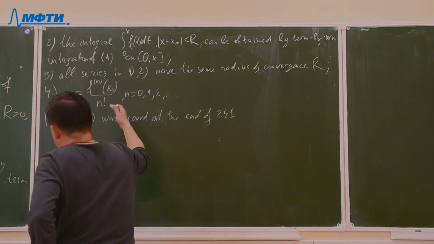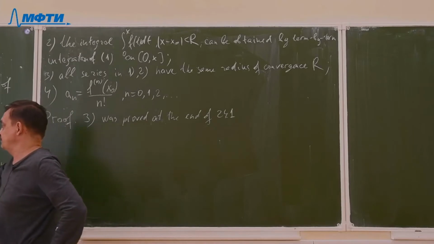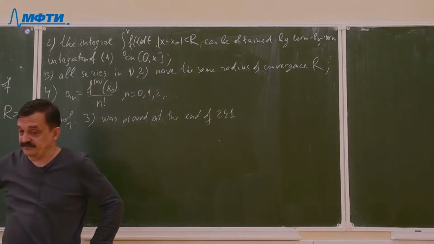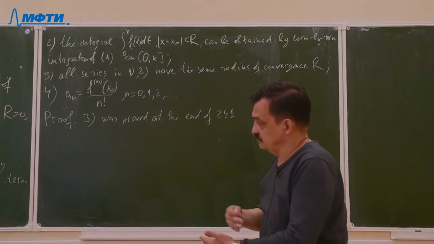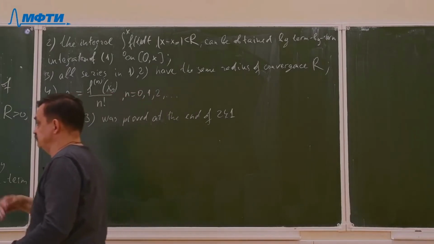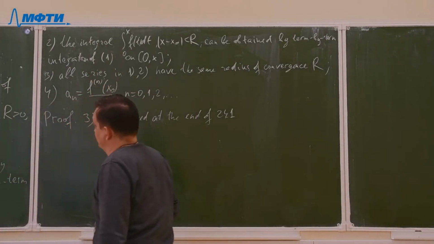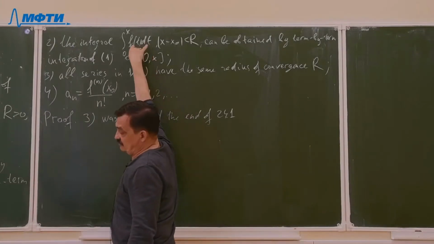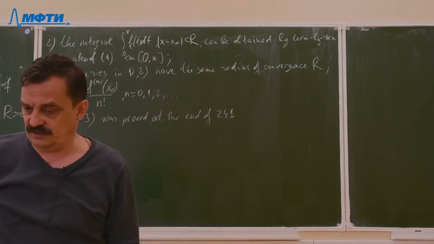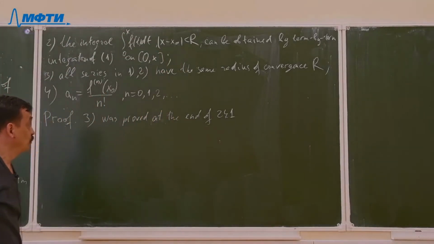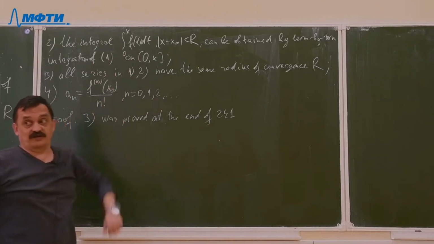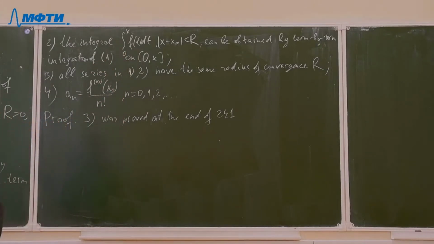So if we apply it several times, it gives the same radius of convergence for derivatives of arbitrary order, and if we apply it to the inverse operation, then we obtain it for the integral, because if you differentiate the integral, then as we know by the Newton-Leibniz formula, we obtain the original function f of x after differentiation.